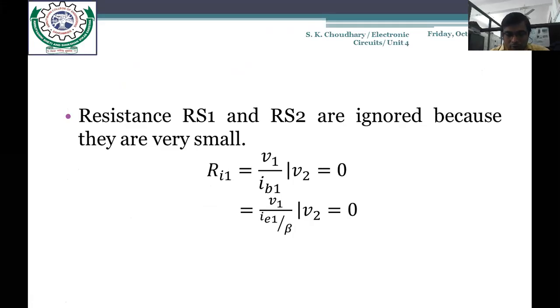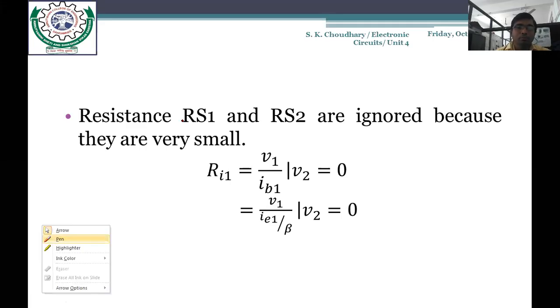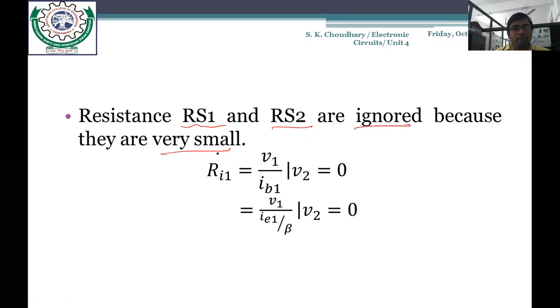First of all, let us see how to calculate RI1. I hope all of you have the circuit diagram with you, because only then can you correlate the terms. If you refer to the circuit diagram, RS1 and RS2 are negligible and can be ignored because they are very small in value.